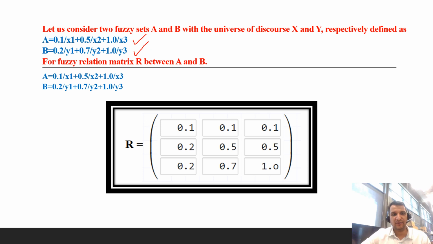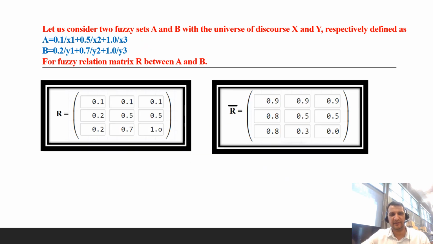And for the fuzzy relation matrix R between A and B, first of all we have to find out the relationship between fuzzy set A and fuzzy set B. This is very common, and you can calculate the fuzzy relation between sets A and B. After that, we take the complement: 0.1 complement is 0.9, 0.1 complement again 0.9, 0.2 complement 0.8.